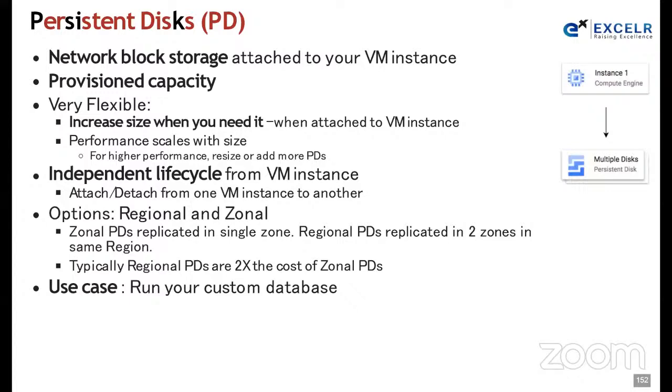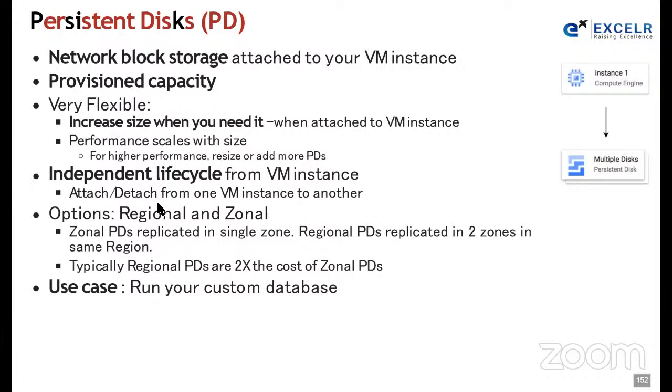You can change the size of that particular persistent disk on the fly. The life cycle of your disk is independent of the virtual machine. You can attach and detach it from one virtual machine and add it to another. You can also create a snapshot of it as well.